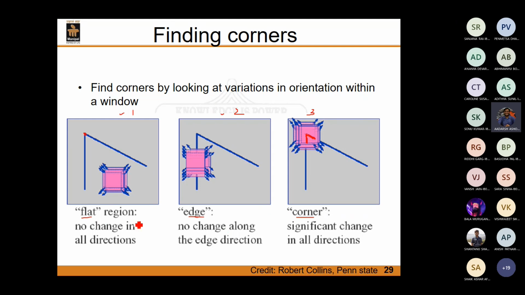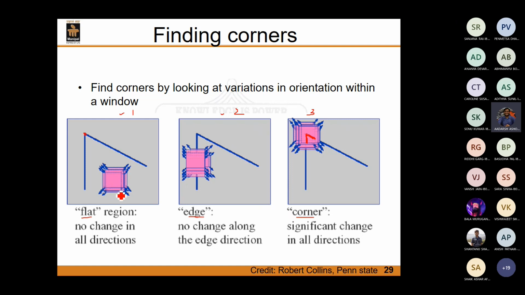So let us assume three different window regions: the flat region, the edge region, and the corner region. Let's see how the information regarding the corner is different from that of the flat region and the edge region. Visually, in this flat region there are no edges or corners.